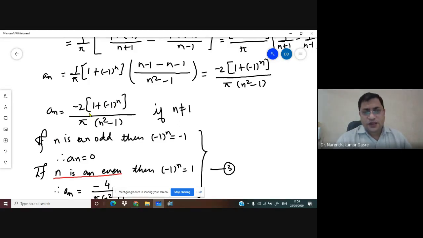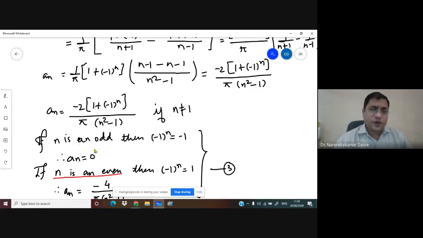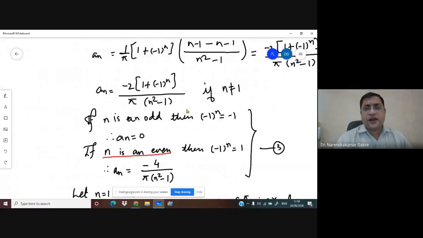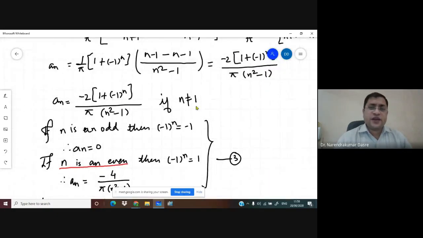Is this formula applicable? Yes, sir. That's why, before applying odd and even, I have written that this formula is not applicable for n is equal to 1. So when the general formula is not applicable for any particular term, then we have to find that particular term using the original formula once again. Understood? Yes, sir. That's good.